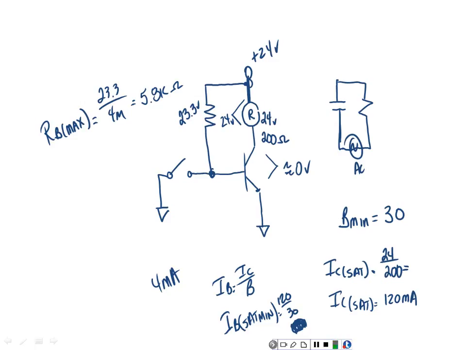What happens when we turn the relay off? Well, this magnetic field comes collapsing back into the coil.